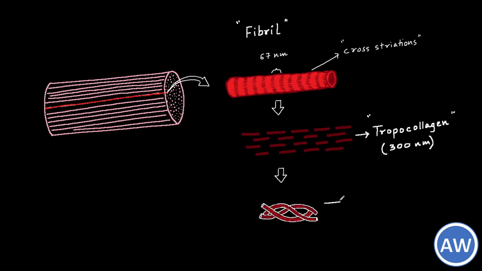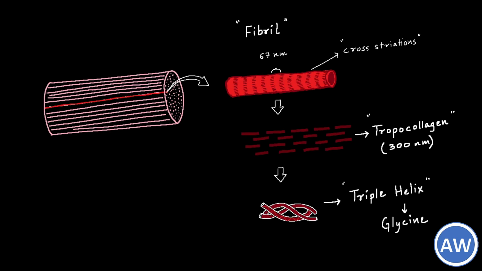Further, a tropocollagen consists of 3 polypeptides forming a triple helix, and each triplet consists of the amino acid glycine. The other 2 amino acids in each triplet are variable. Most commonly, these are hydroxyproline and hydroxylysine. Variations in the amino acid patterns give rise to several types of collagen.